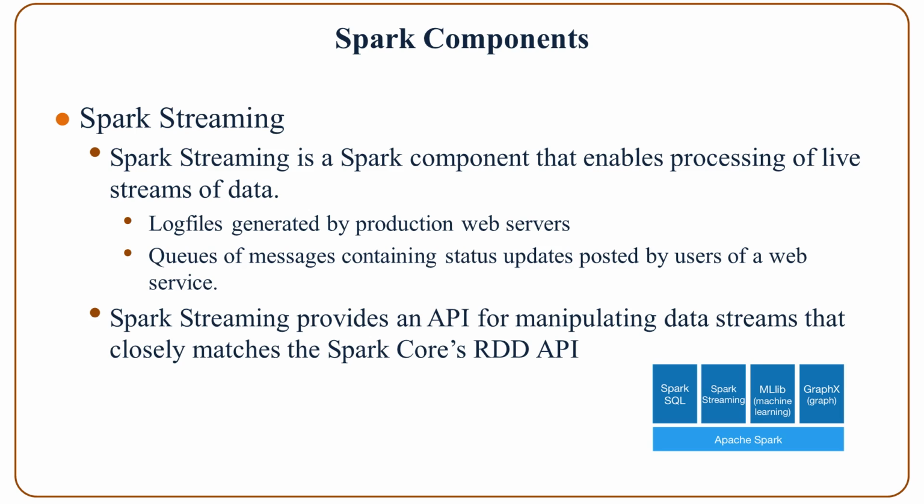There can be log files generated by production web servers, or queues of messages containing status updates posted by users on a web service. Spark streaming provides an API for manipulating data streams that closely matches the Spark Core's RDD API.